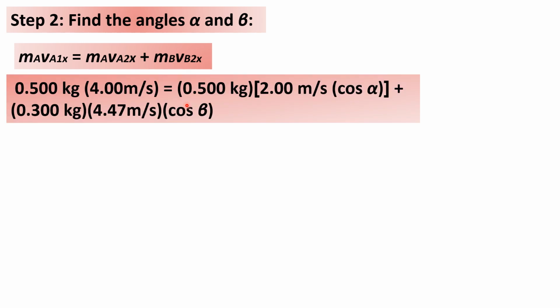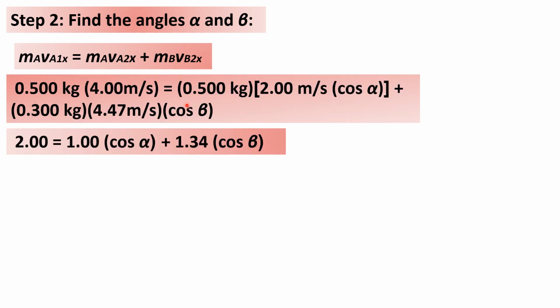When substituted, we have the mass of particle A multiplied by its initial velocity along x, and that is equated to the mass, again 0.500 kilogram, multiplied by the x component of its final velocity.